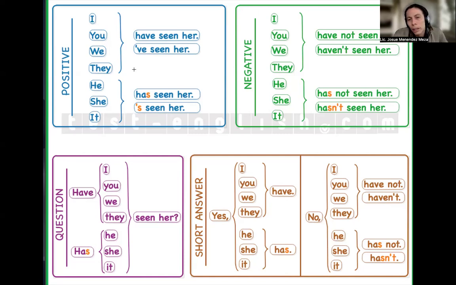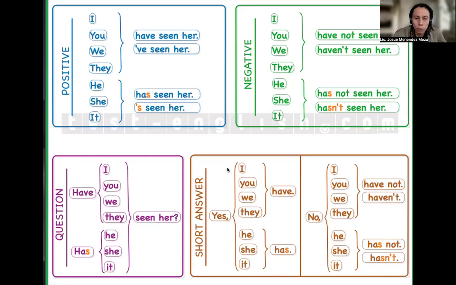In the negative way we have to use a negation, the word not. For example, I have not seen her, or I haven't seen her, with the contraction haven't. In case we are talking about the third person, he, she, it, we have to use has not or hasn't in the case of the contraction.